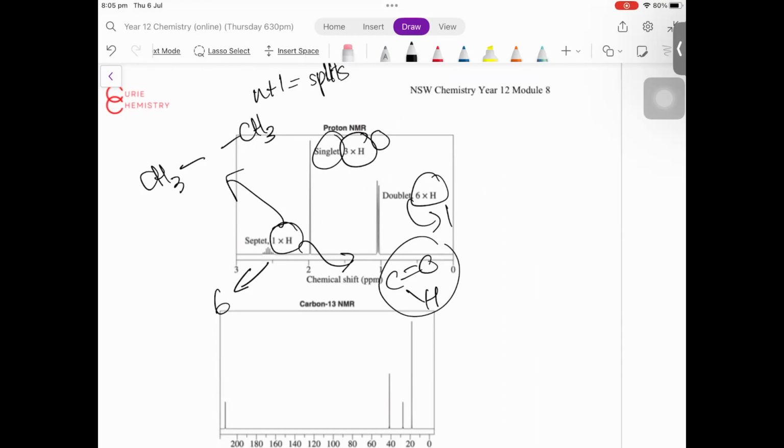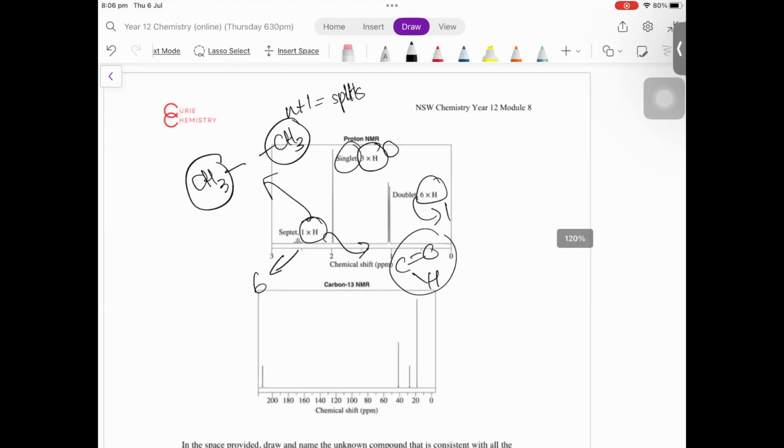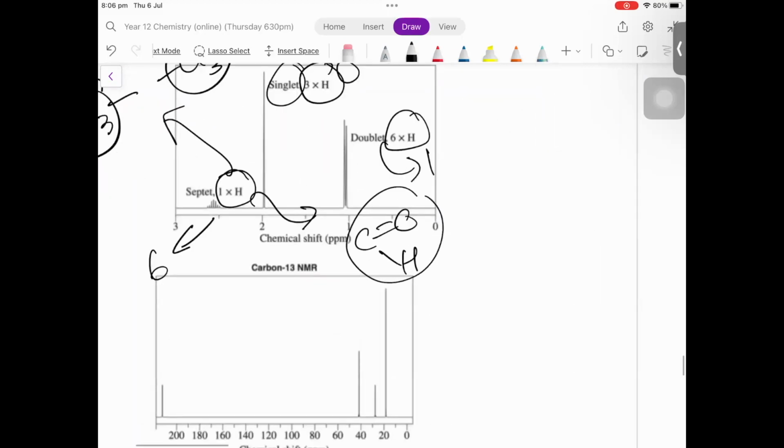Now, we've said that it's probably an aldehyde, and then because it's a septet, it has to be bonded to 2 methyls, which doesn't really work. It doesn't work because you already have 2 bonds with your oxygen, and if it is an aldehyde, there's another bond here, so you only have space for 1 more bond.